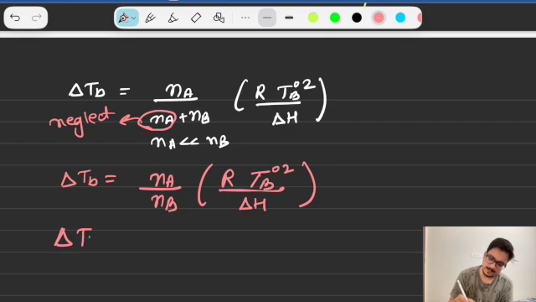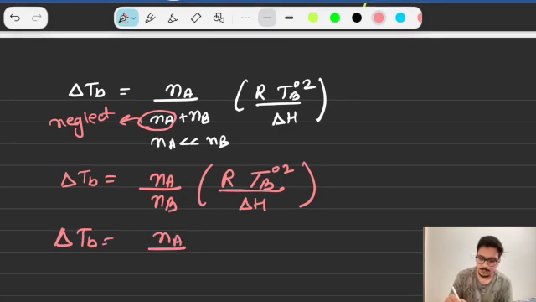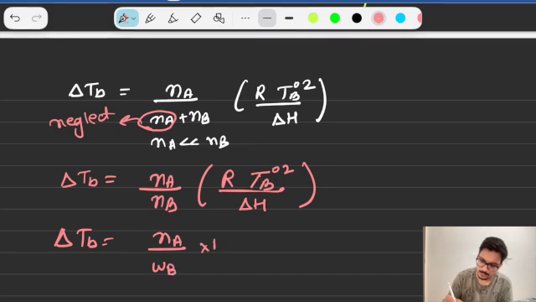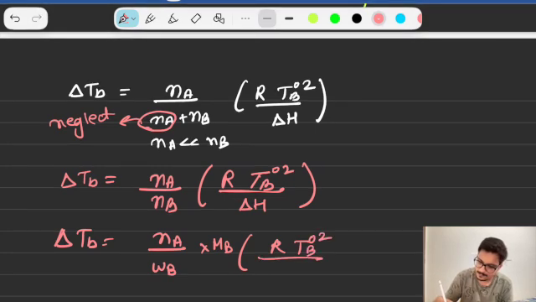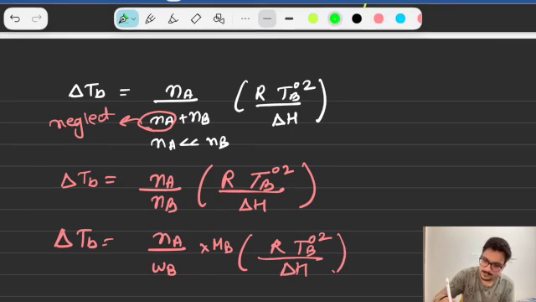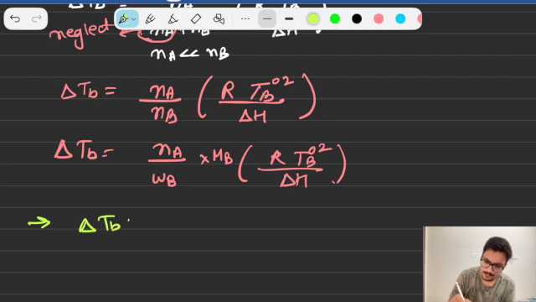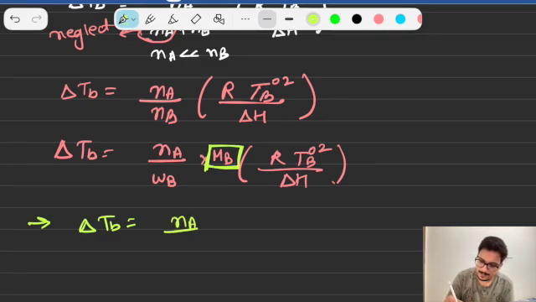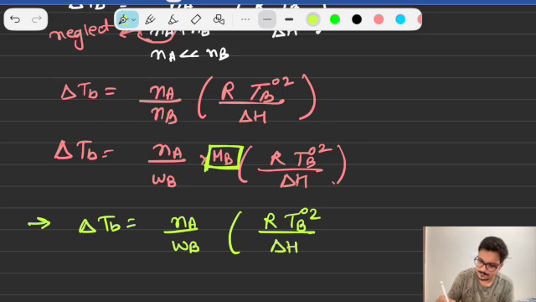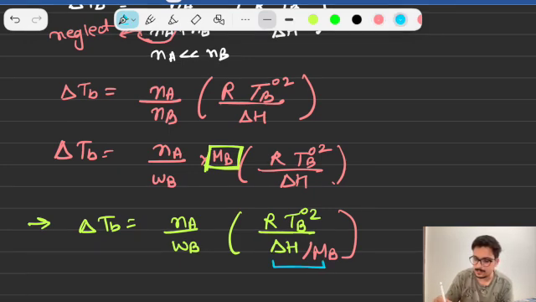See what we can write after this. Moles of B basically equals the given weight of B, which is the solvent, divided by molar mass of B, into R times T naught B square upon delta H. Now this molar mass of solvent, I can take it into the denominator of this delta H. Delta H divided by molar mass of solvent would be equal to latent heat of vaporization.